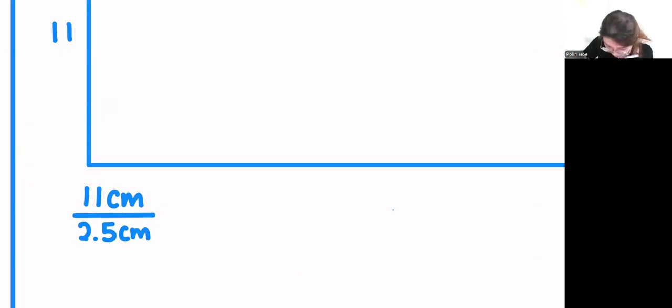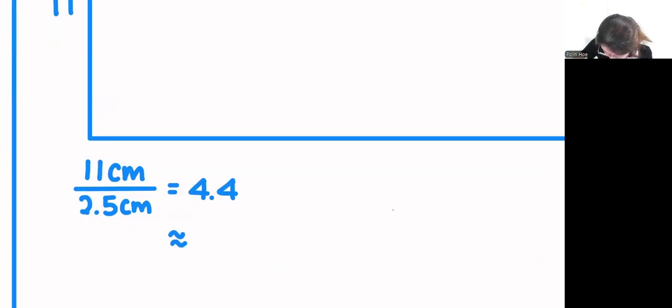I get 4.4, which means approximately 4 cuts.